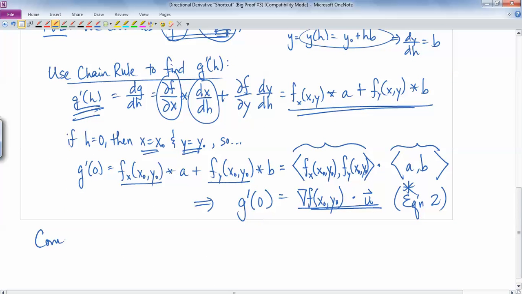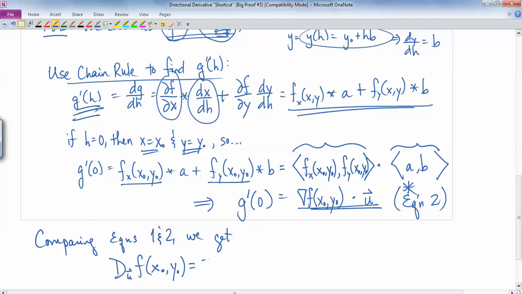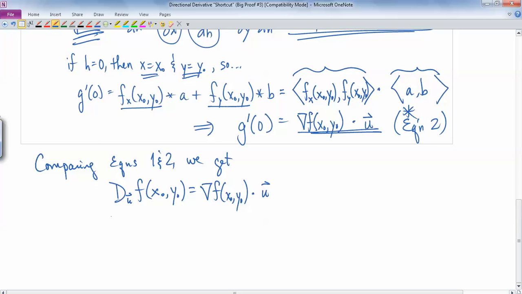So comparing equations 1 and 2, we get that the directional derivative in the direction of u of f at x naught, y naught is the gradient of f at x naught, y naught dot the unit vector u, which in general form, so x naught, y naught specific, but in general form that means we can just switch out the x naught, y naught for x, y: gradient of f at x, y dot u. So there we go.